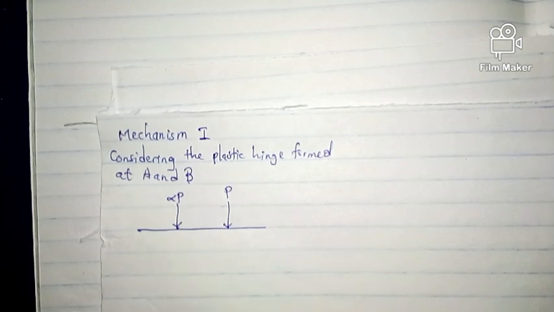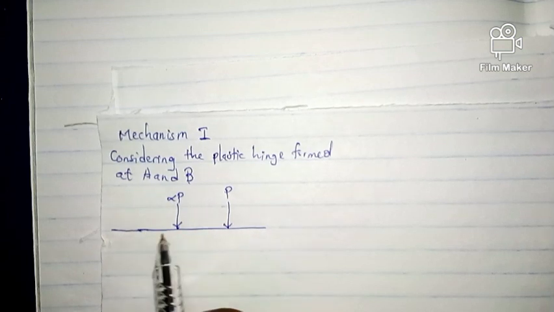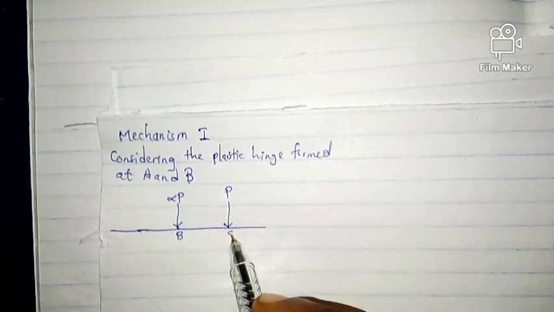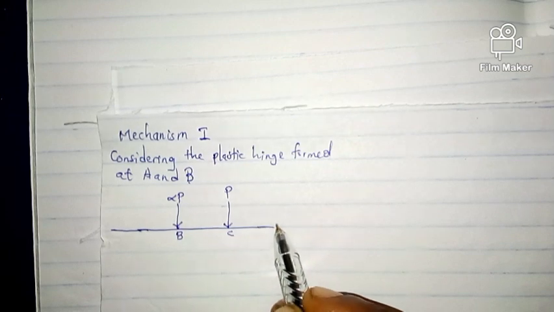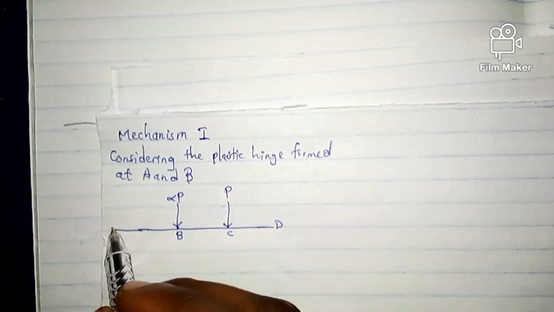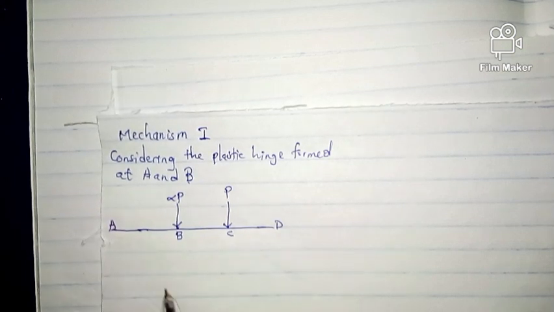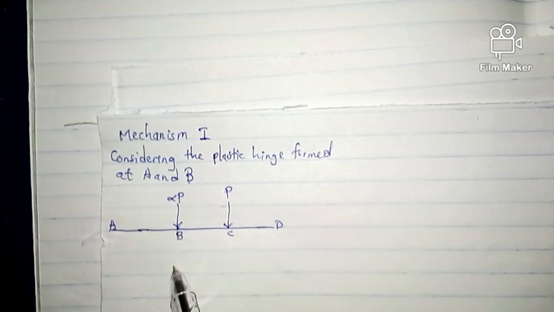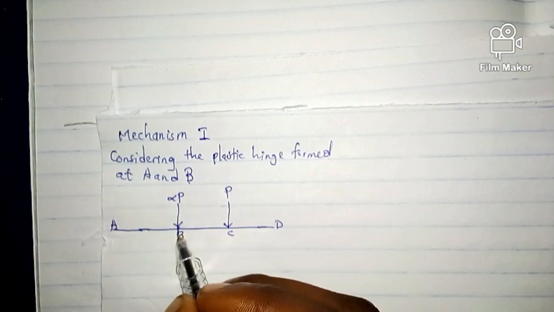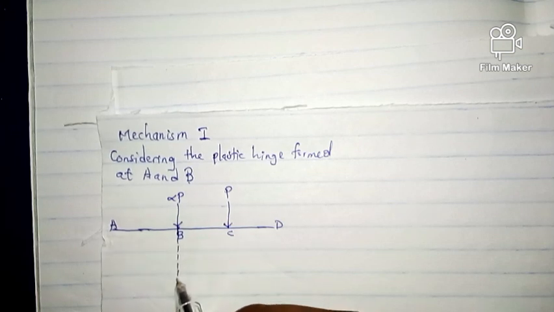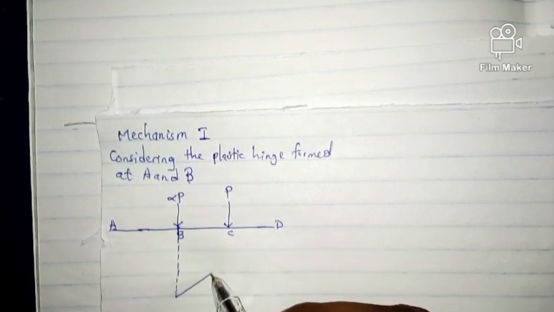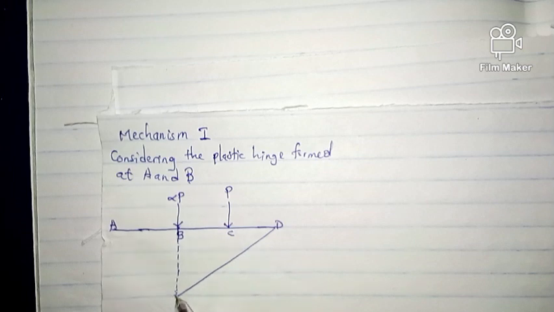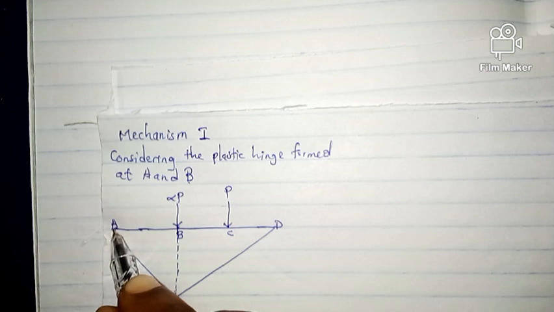Now, in the first mechanism, they said at A and B. So, this is B, this is C, and this is my D, and this point is my A. Now, remember, when considering B, maximum moment will be formed at this place. So, there will be moments here. So, then draw our plastic moment diagram. This is called the plastic moment diagram.